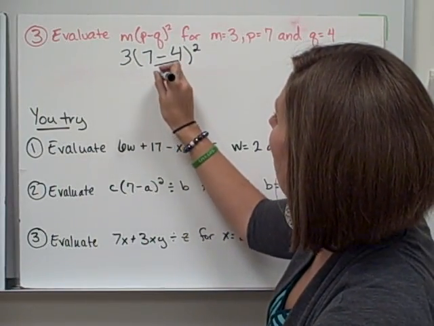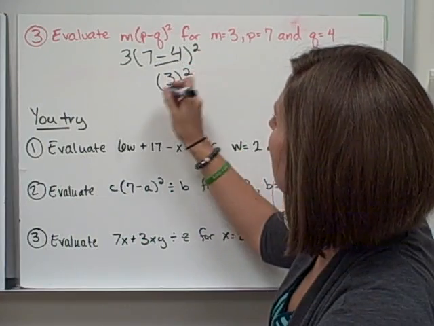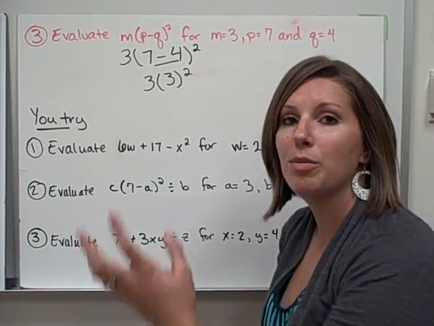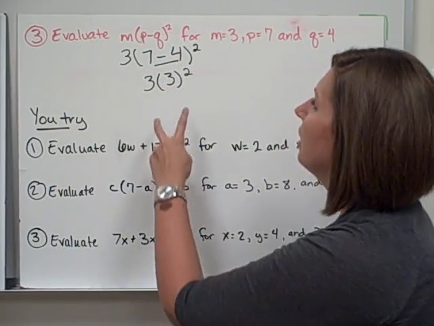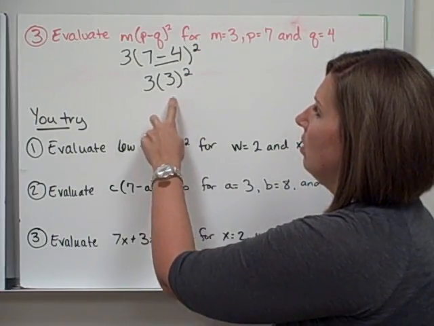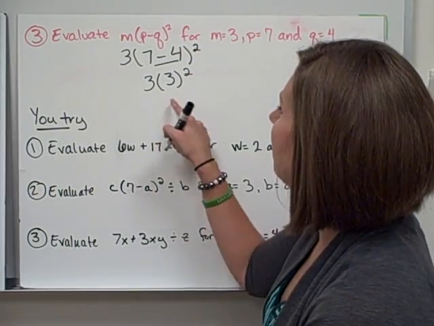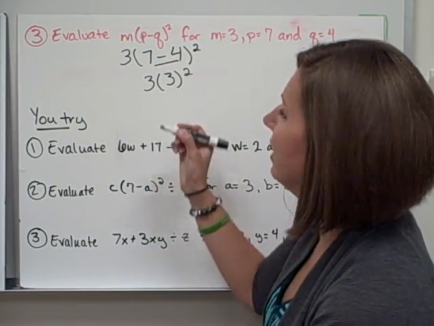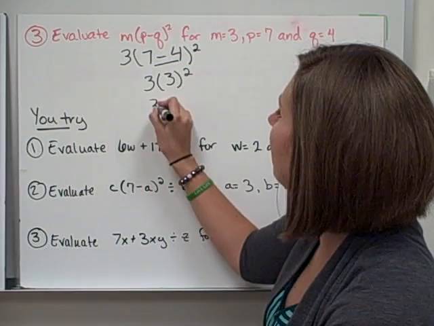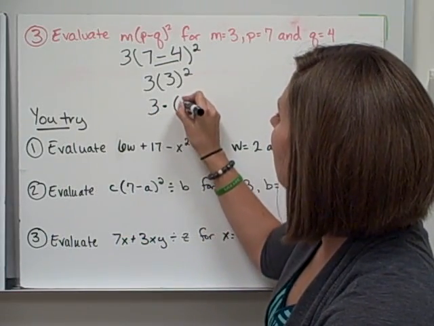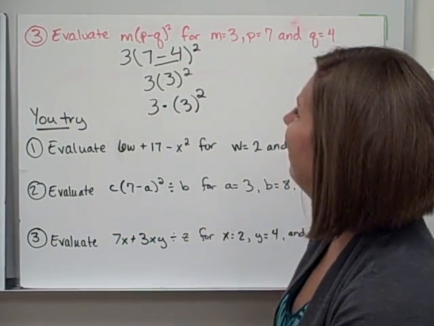I need to keep all the symbols that originally came with that problem. Just bring it all down. I need to focus now on this multiplication, on this exponent. If you see here, if I could rewrite this in a different way, maybe I could rewrite it so it looks like this.